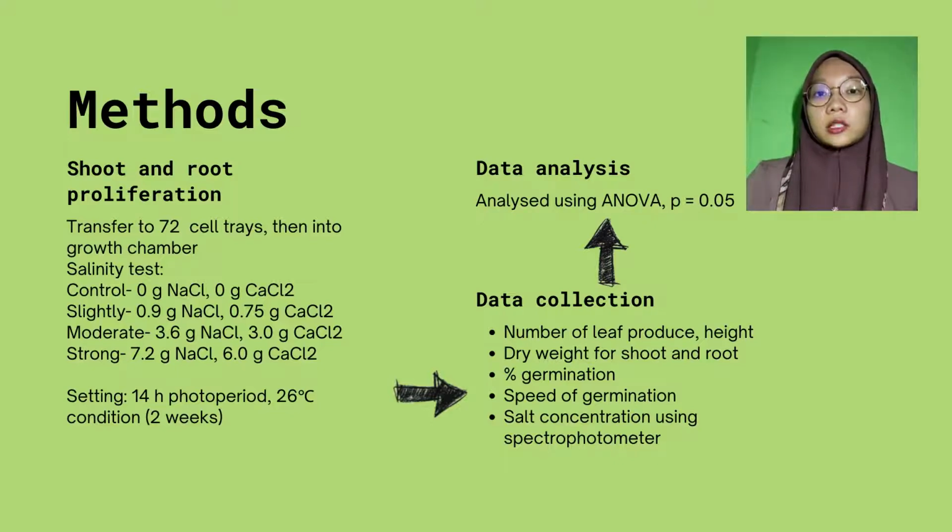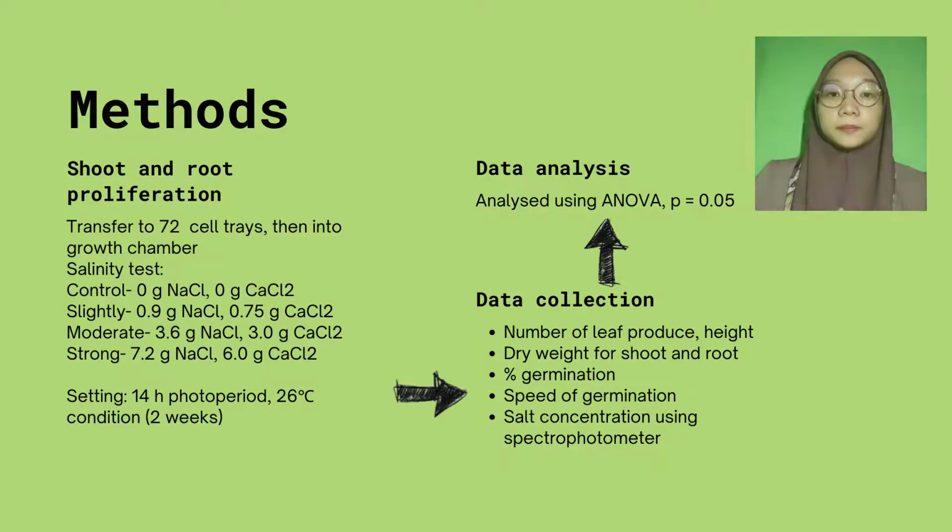For data collection, the data collected are number of leaves produced, height, shoot and root dry weight, germination percentage, speed of germination, and soil concentration using a spectrophotometer. Last but not least, data analysis will use ANOVA, where a p-value of less than 0.05 will be considered different.